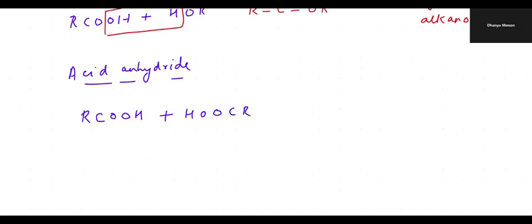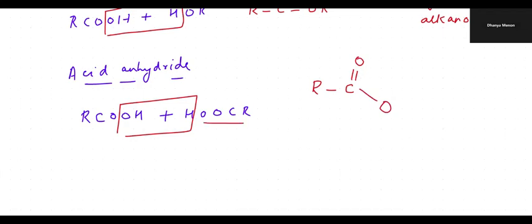It's easy to remember. So the water molecule is removed. So I have R, C double bond O, O, and then for the next group, I have R dash, C double bond O, and O. This R and R dash are alkyl groups, can be the same or different. And the suffix that we use is alkanoic anhydride.